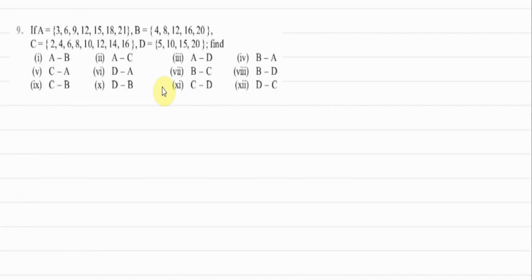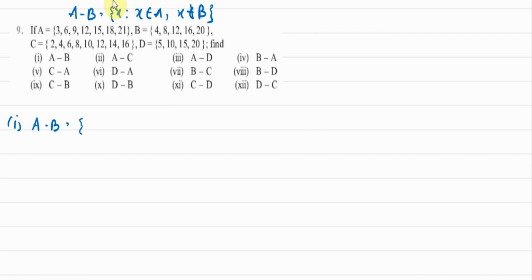Now we are supposed to find A minus B. So let's first revise what is A minus B. A minus B will have elements x such that x belongs to A, x does not belong to B. That means we only have to write down the elements of A which are not present in B, which are only present in A.